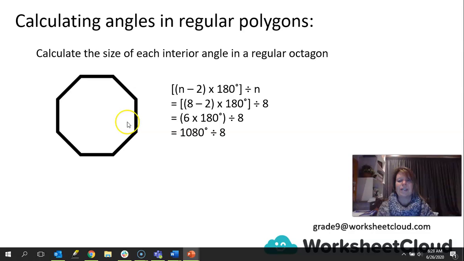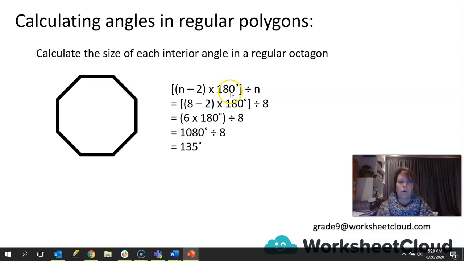1,080 degrees. So the sum of the interior angles in an octagon is 1,080 degrees, and then we divide by 8 to find out each interior angle. And each interior angle in an octagon is 135 degrees. Okay, you all see that? You don't have to remember this off by heart, because you can always work it out using this formula.